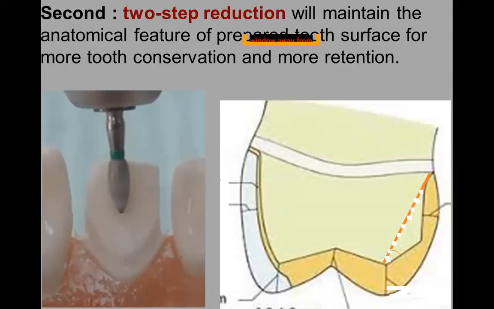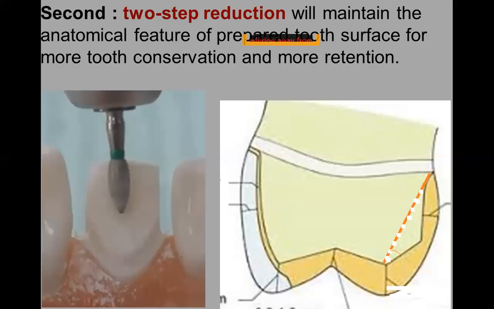The next technique we can use is the two-step reduction. Look at the right picture. This is an upper molar, and the lingual or palatal surface is multi-planed, or has a high convexity.